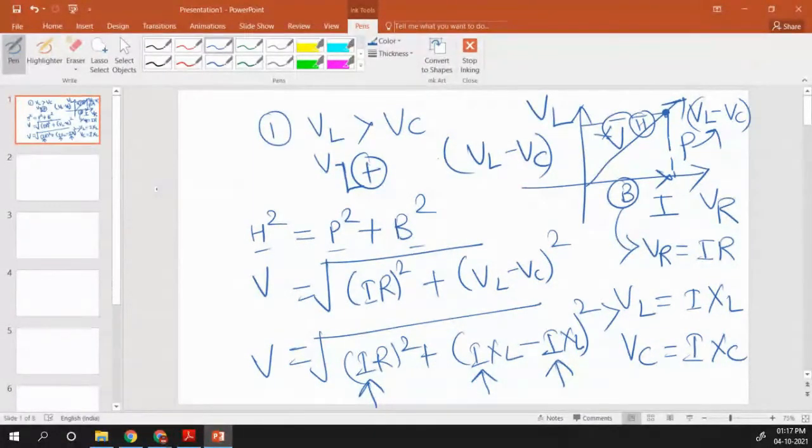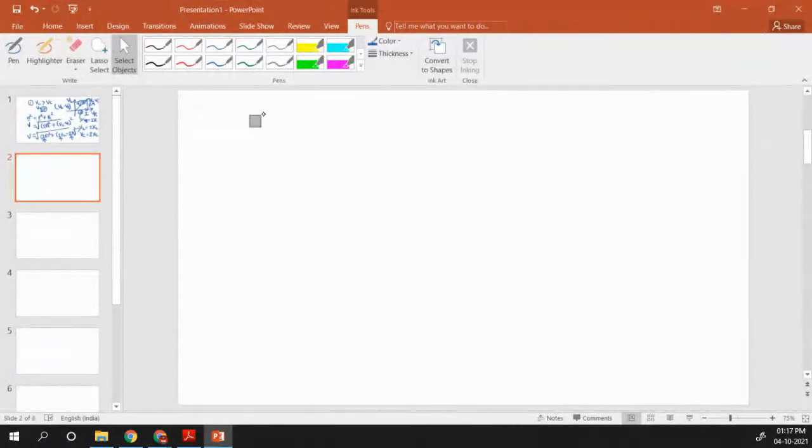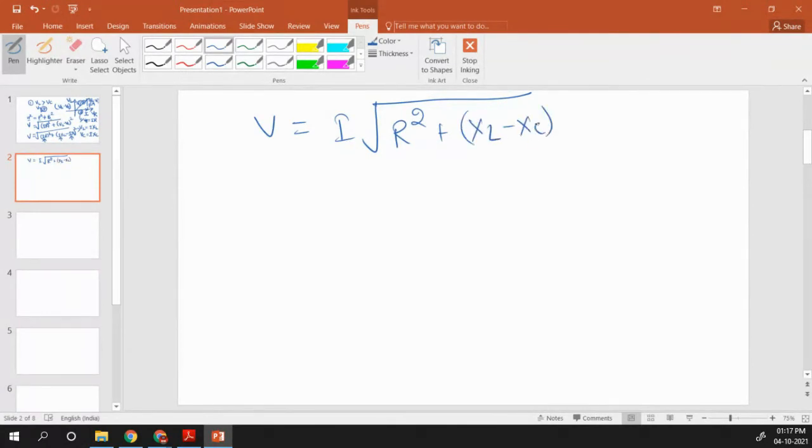So we will take out this I value. So quickly give your response. What is the equation right now? V is equal to I under root of R square plus (XL minus XC) whole square. This is the equation. Okay.